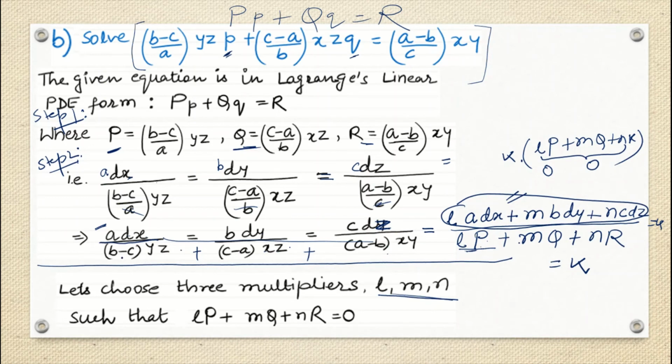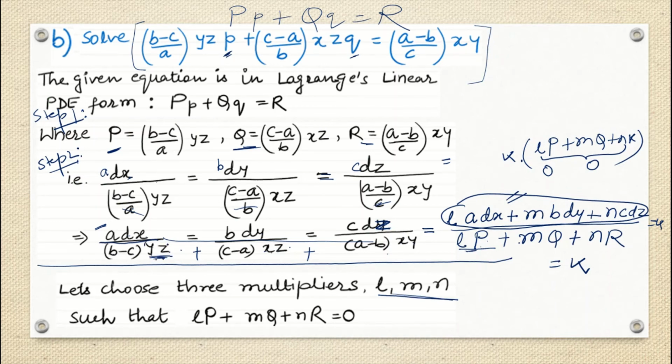Some multipliers, so that it will be 0. Again you will see that here b minus c, c minus a, a minus b, that will actually, if added together, give me 0. But we have something more in each term. So the first term contains yz, second term contains xz, and then the third term contains xy.